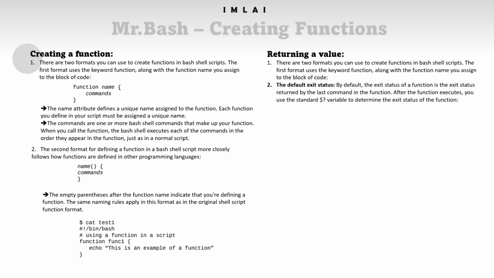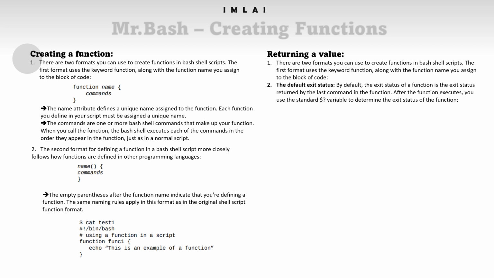The bash shell treats functions like mini scripts, complete with an exit status. There are three different ways you can generate an exit status for your functions. The default exit status: by default, the exit status of a function is the exit status returned by the last command in the function.